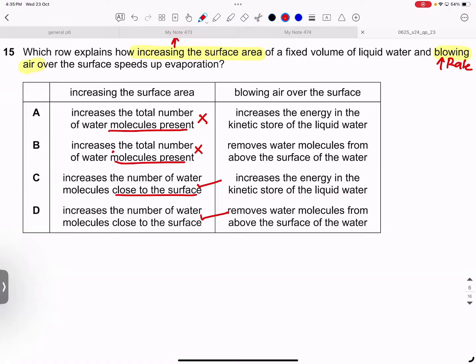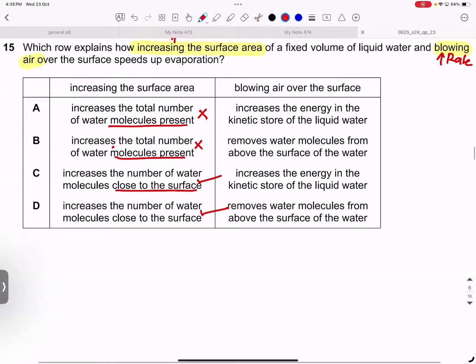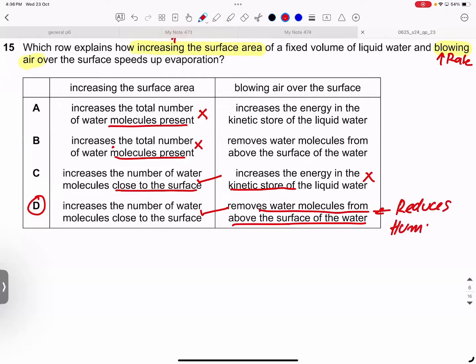It will blow away water particles. So now let's read C. Increases the energy? No. Kinetic energy only increases if you increase the temperature. Removes the water molecules from above the surface? Yes. This means actually it reduces humidity. Option D.